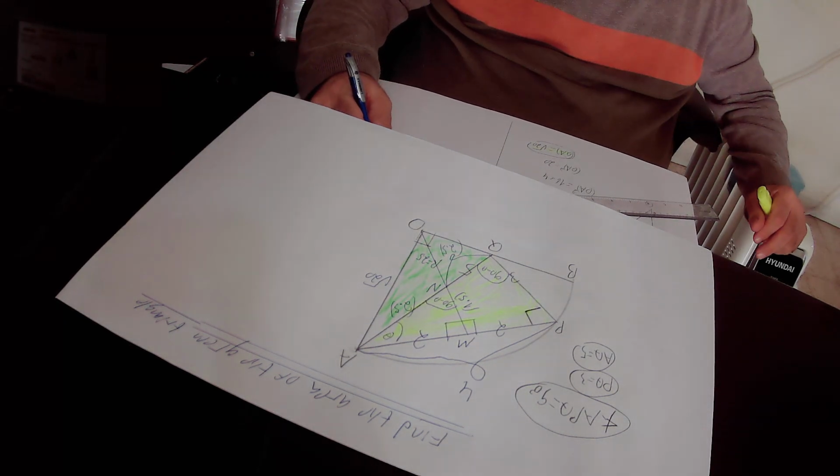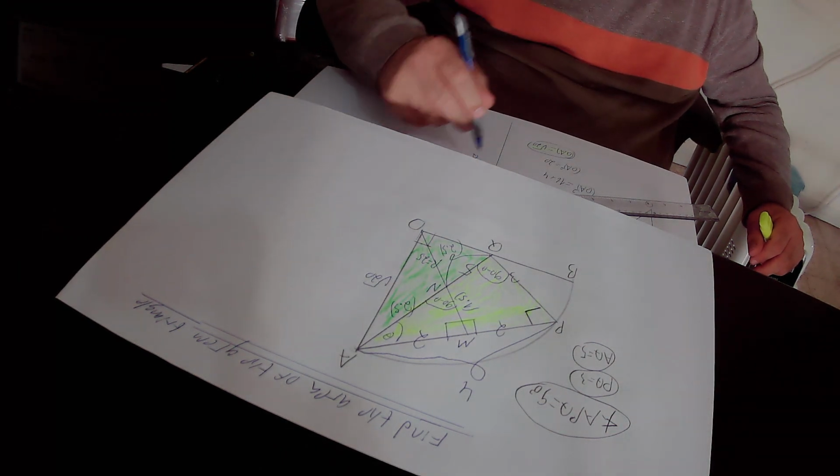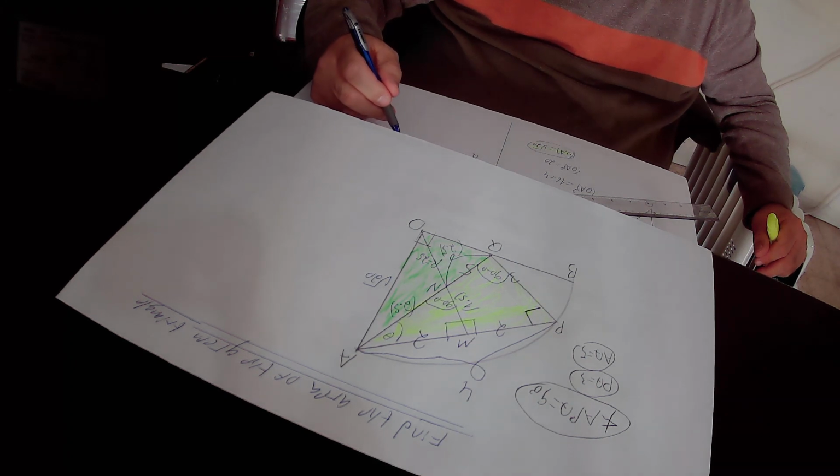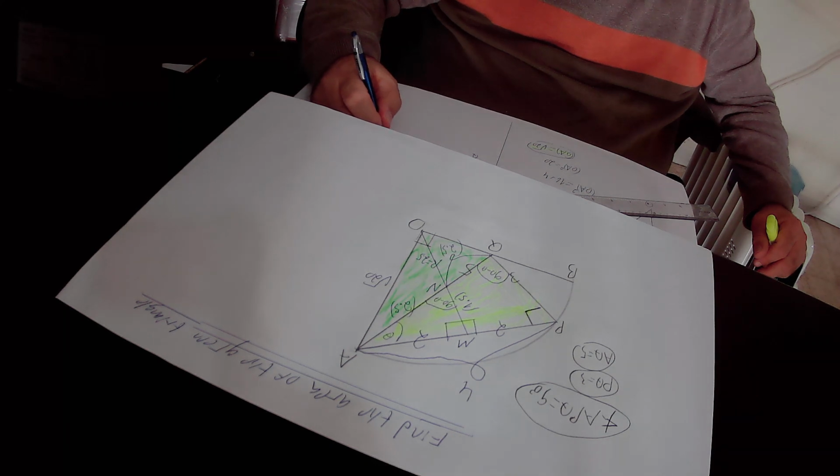The hypotenuse AQ equals 5 units, and AO equals the square root of 20 units.